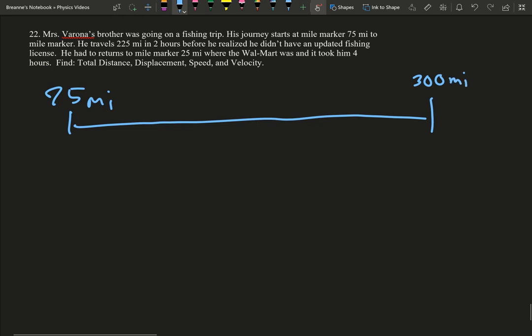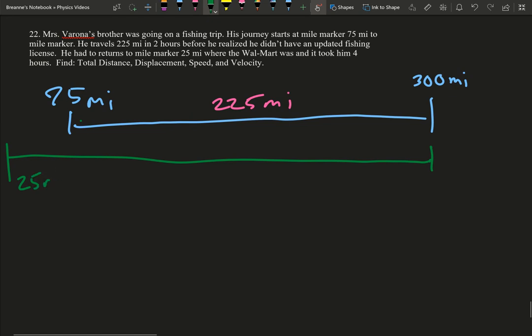He realized he had to go back, so he went back to the 25 mile marker.